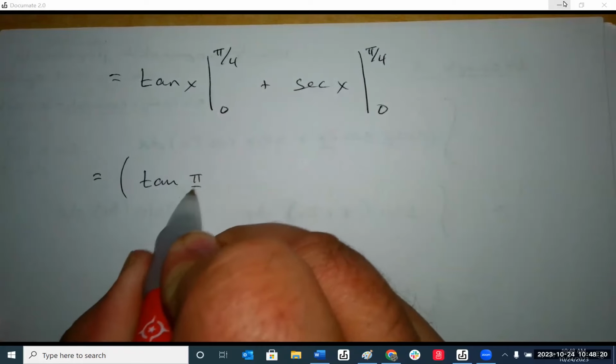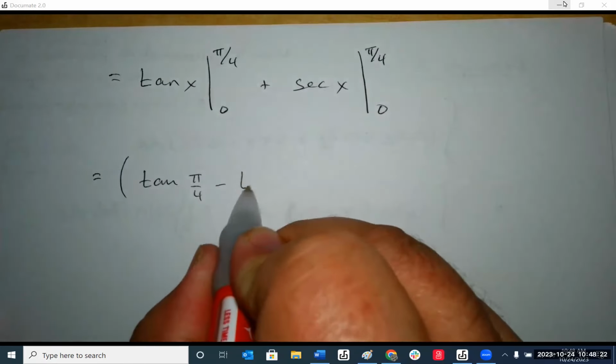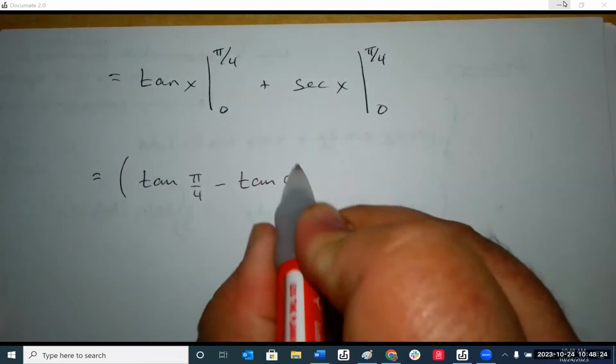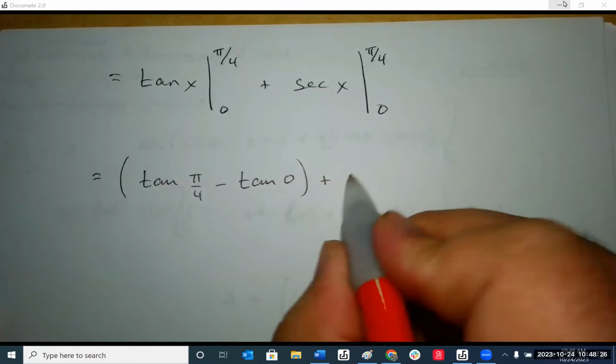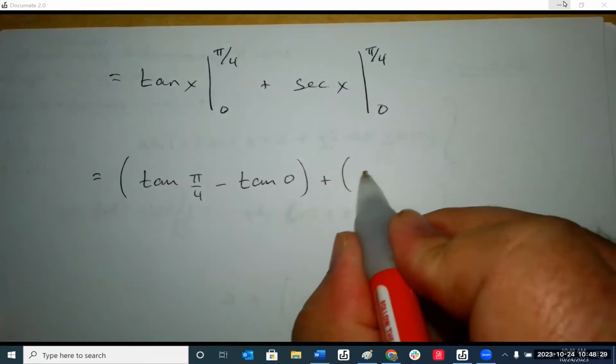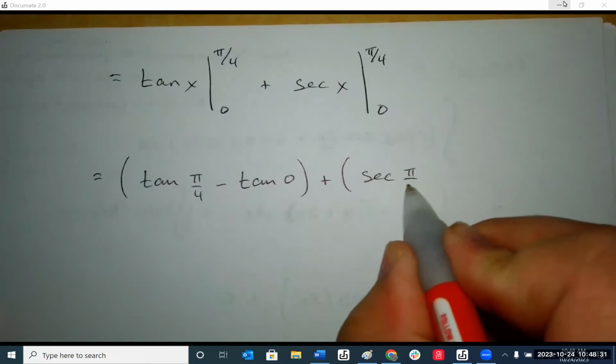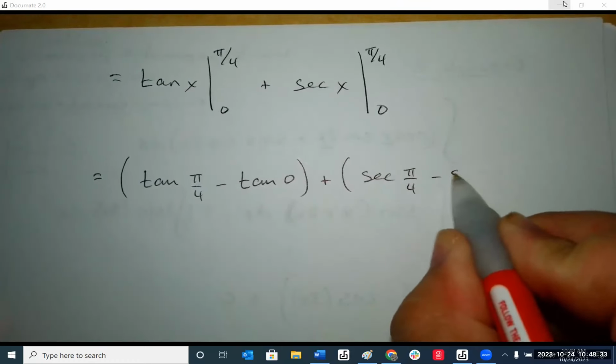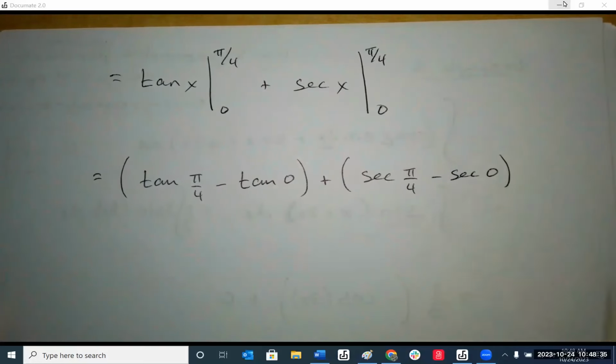Tangent pi over 4 minus tangent at 0, plus secant of pi over 4 minus secant at 0.